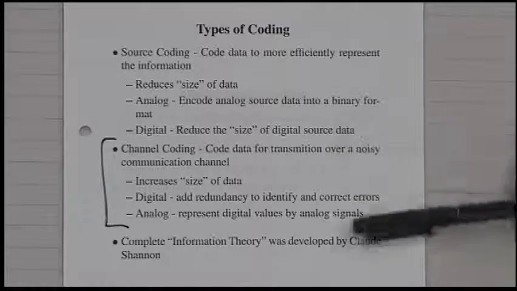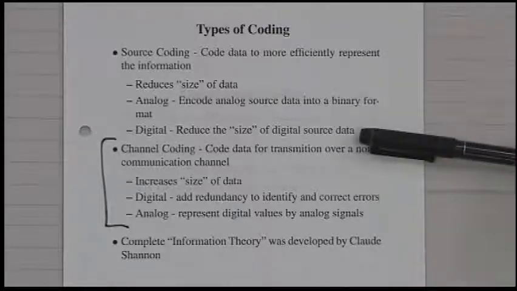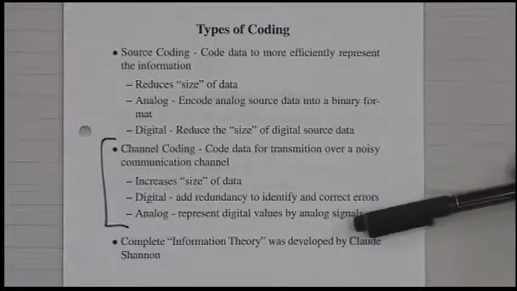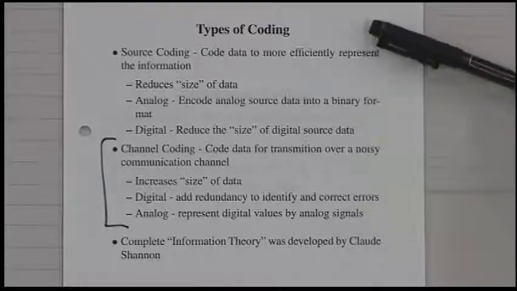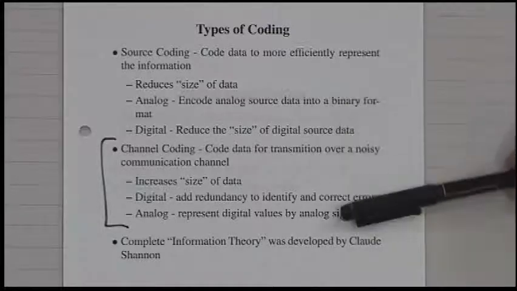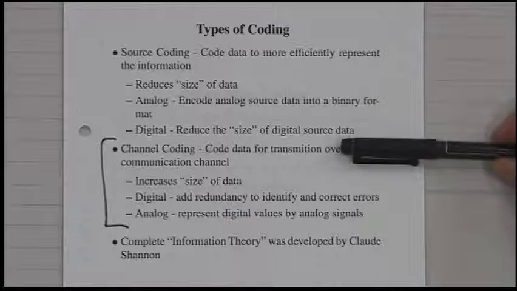But there's a whole other thing called channel coding. Channel coding is designed to correct errors in a communication channel. Generally, communication channels are not perfect. Source coding and channel coding both can be thought of in analog and digital forms, although the output of source coding is always digital.